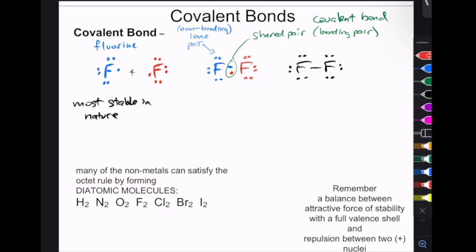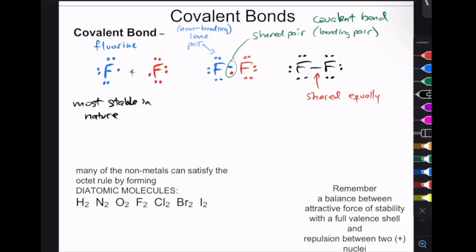Okay, so this is the shared electron. And in this case, it's shared equally between the 2 atoms. I'm going to talk about that in a little bit more detail in a minute, but right now I'm just going to say they're shared equally between the 2 atoms. And this is as it's most stable in nature.